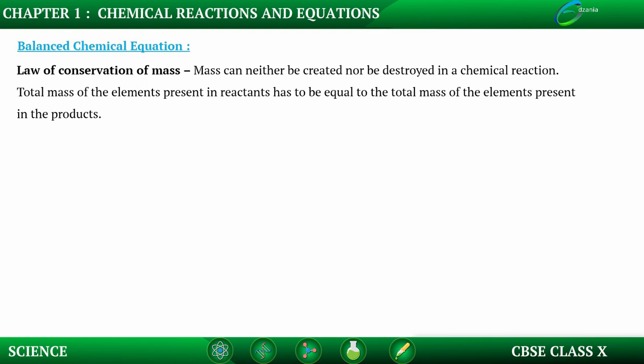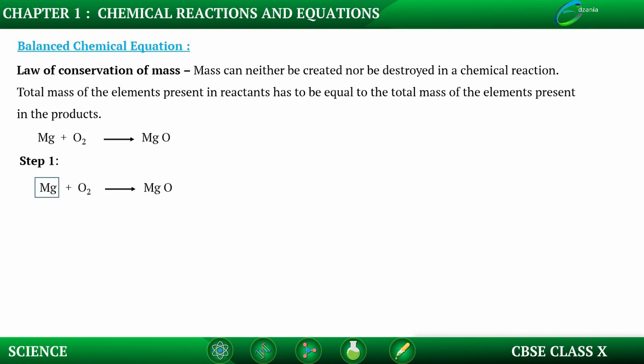That is, the total mass of the elements present in the reactants has to be equal to the total mass of the elements present in the products. According to our previous example, the equation is unbalanced. So, how do we balance a chemical equation?